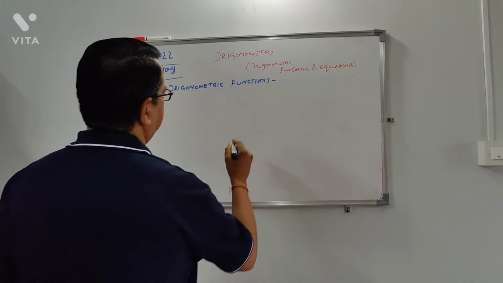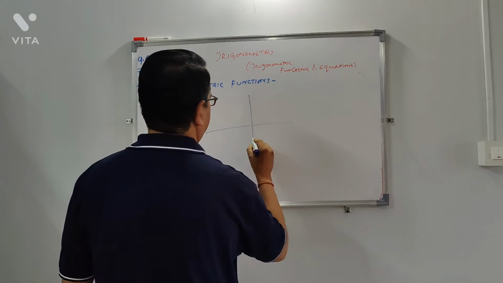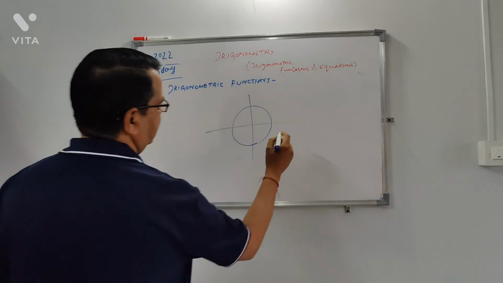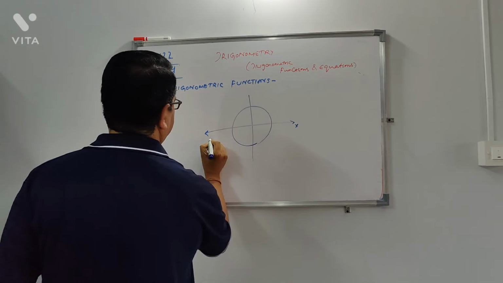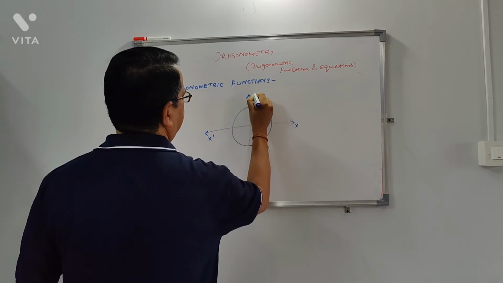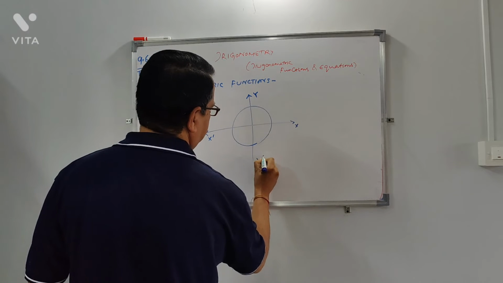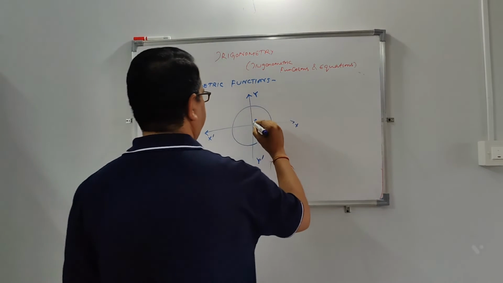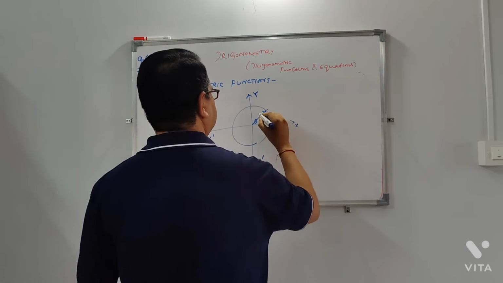So let us draw a circle, with x, x dash, y, y dash axes. This is my center. Let it have unit radius. So this is my radius.